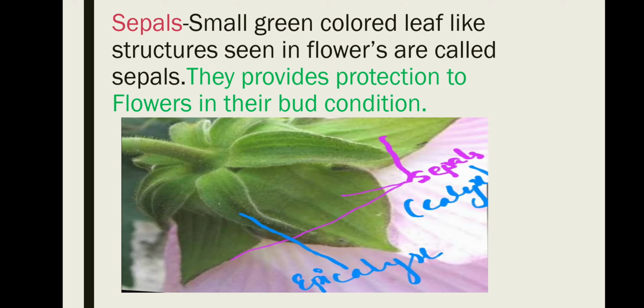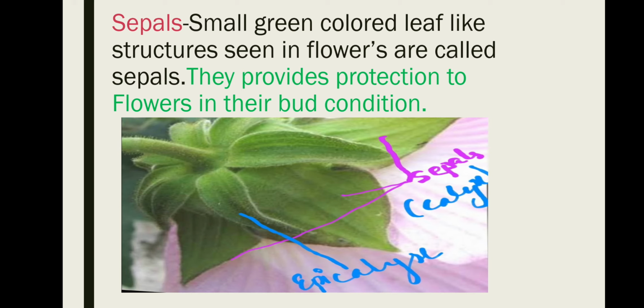Let's see. In this picture you can see the two whorls of epicalyx and calyx. The calyx basically consists of these broader leaves shown here.